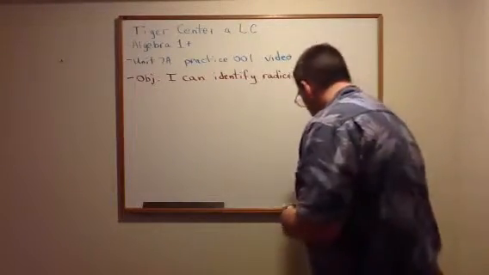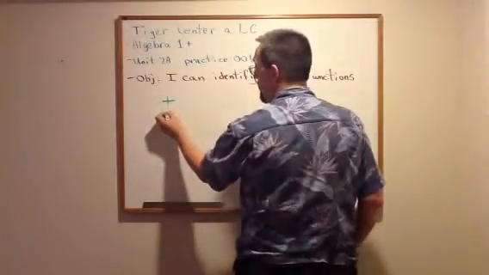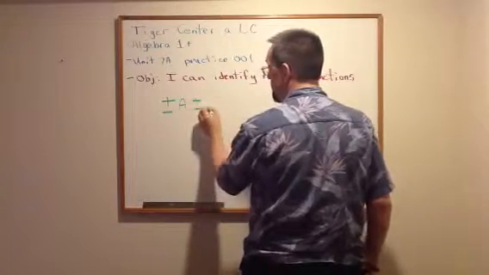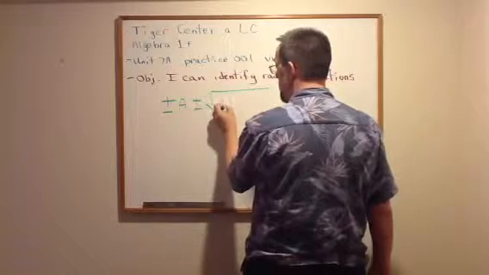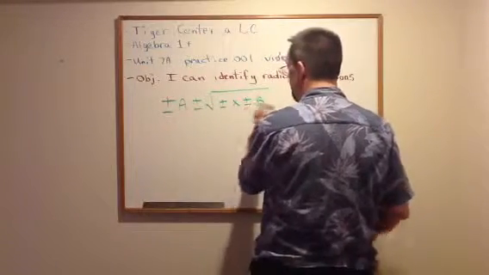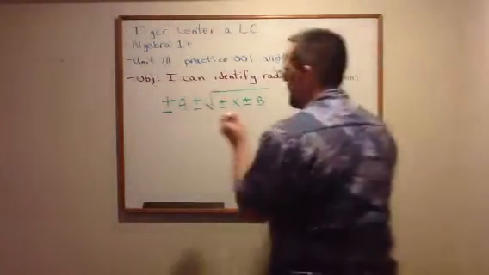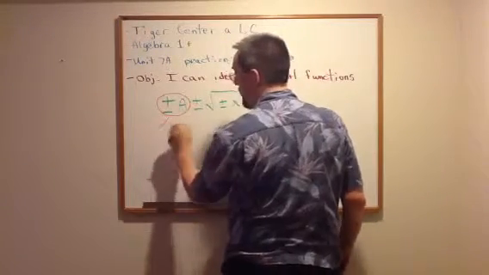So the first thing we want to do today, I'm going to write down plus or minus a plus or minus the radical, big square root, plus or minus x plus or minus b. Circle the a.